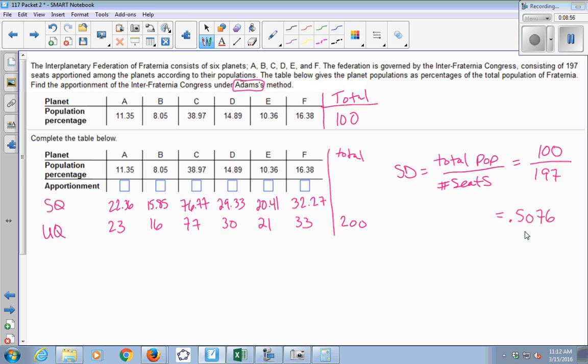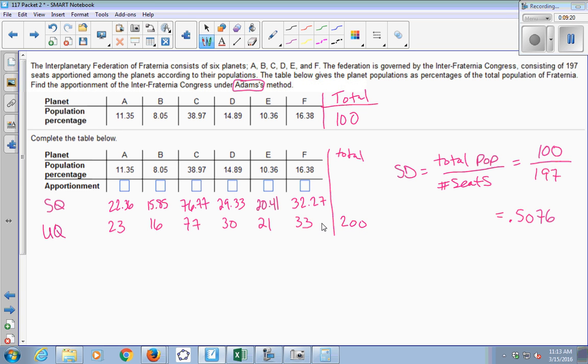Make it bigger. So the idea is if you divide by a bigger number, your answer will be a little bit smaller, right? So all of your quotas will be a little bit smaller, and then when you round them up, hopefully they'll add up to 197 and not 200.